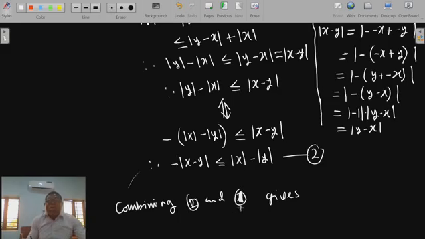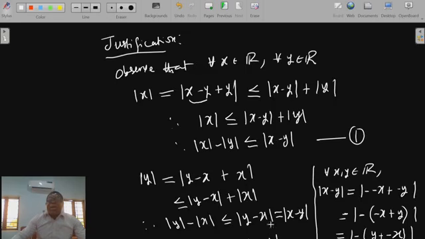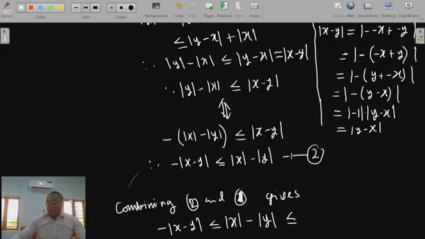Combining 2 and 1 gives from 2 minus absolute value of x minus y is less or equal to absolute value of x minus absolute value of y. And this will be less or equal to, I'll get it from 1, that absolute value of x minus absolute value of y is less than or equal to absolute value of x minus y. So I just insert absolute value of x minus y here. So I have that this inequality holds.